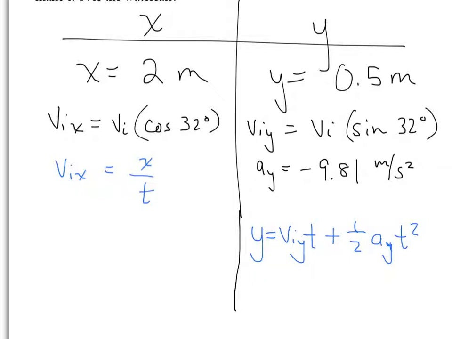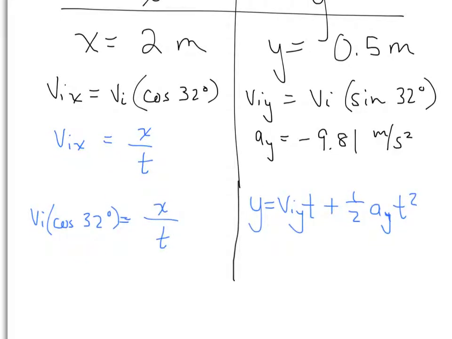All right. So I stop and I say to myself for a minute, I have t unknown, but I also have Vi unknown. So currently I have two variables unknown, so I'm going to have to use two equations no matter what. If I look over here, let's replace what's in Vix first with the expression Vi cos 32. And on the other side over here, we could also replace what's in VIY, and VIY is Vi sine 32.